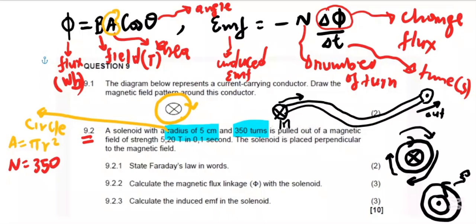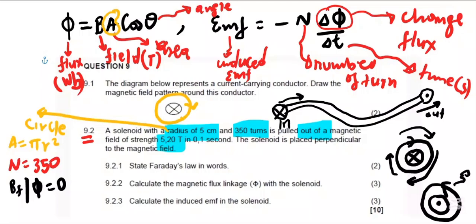They say it is pulled out, which tells us about the final magnetic field. So the final magnetic flux is equal to 0, because it is out of the magnetic field.